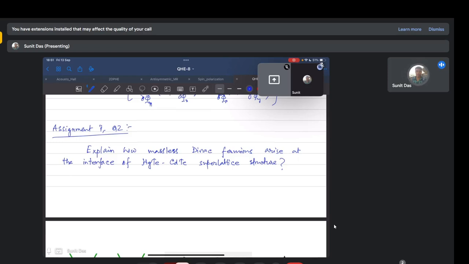This is not possible here because, first of all, this is already an interface, so all of those things need to be considered, and this is usually done numerically. One of the methods is density functional theory and so on. From that we just need to tune the quantum well width, and then see how the band structure evolves with the width and so on.